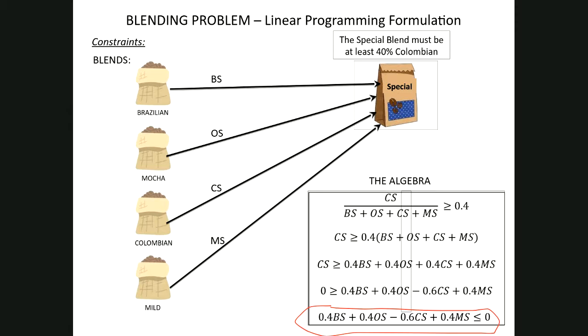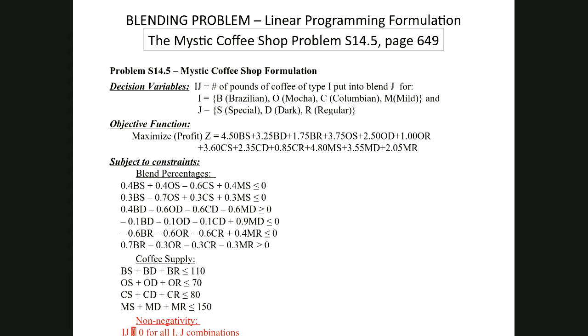And after doing so, that would have led us to this complete formulation, where we have our 12 decision variables, all combinations of Brazilian, mocha, Colombian, and mild, with respect to the special, dark, and regular.